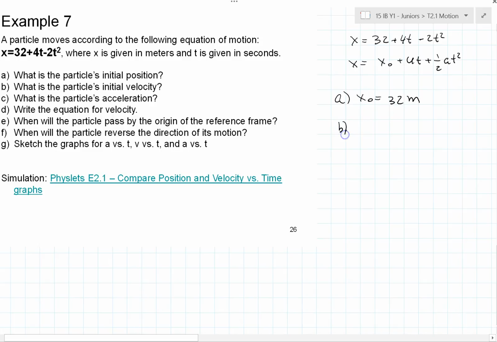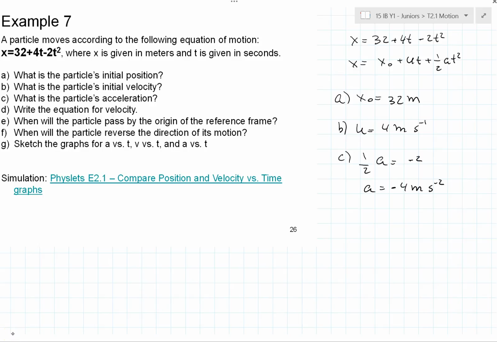For part B, u is 4 meters per second. And for part C, 1/2 of the acceleration equals -2. So the acceleration is going to be -4 meters per second squared. If by any chance at this point you had made any mistake, I'm going to ask you to pause the movie again and then try your solutions to check and come back here to watch my solution.